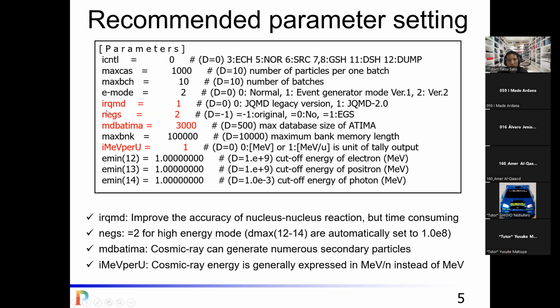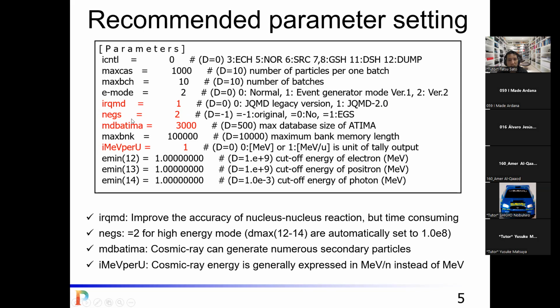JQMD is a QMD model, and JQMD 2.0 indicates version 2. It costs computational time, but it is more accurate. There are a lot of heavy ions, particularly in GCR, galactic cosmic rays. So I recommend using JQMD version 2 for your cosmic ray simulations.